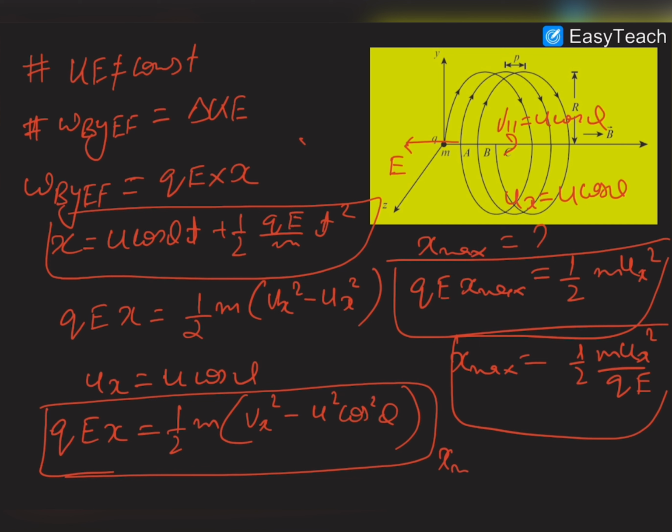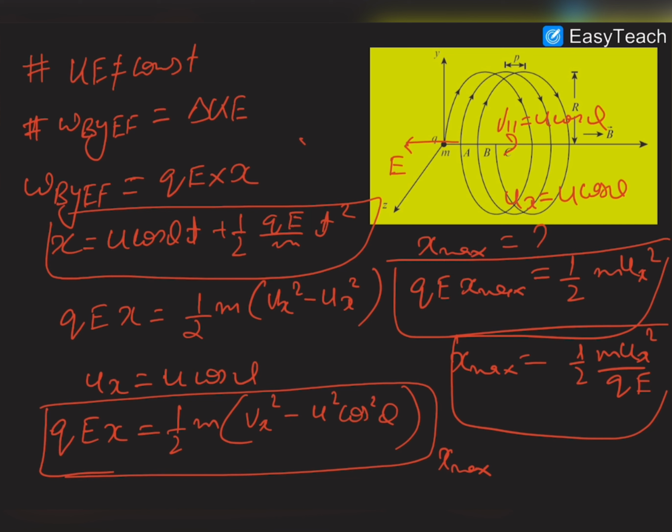So x max: what we are saying is that this particle is losing its kinetic energy due to V parallel against the work done by the electric field, and therefore the work done against the electric field will be equal to the change in the kinetic energy due to V parallel only, because we know that V perpendicular is not getting changed, because the electric force is acting in the x direction and V perpendicular is acting in the y direction.